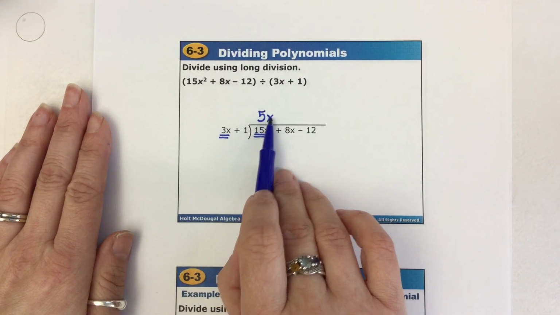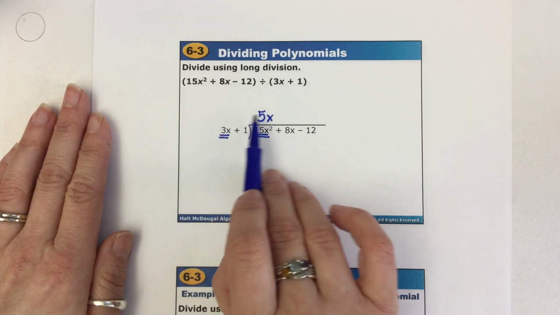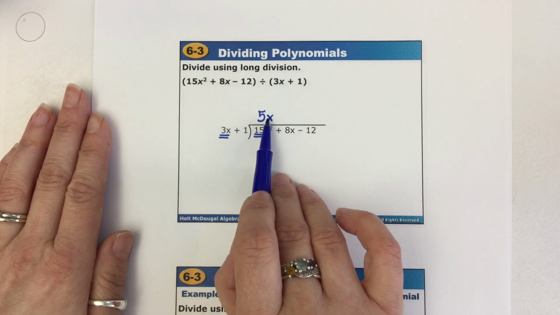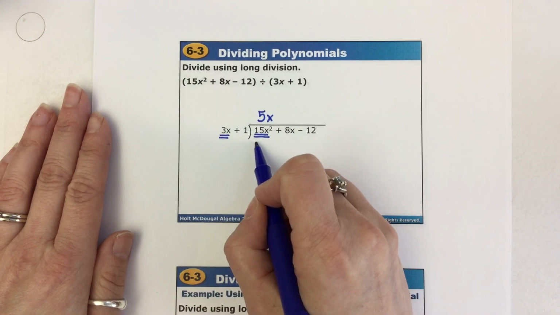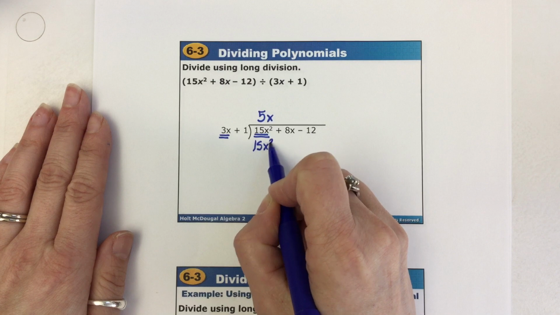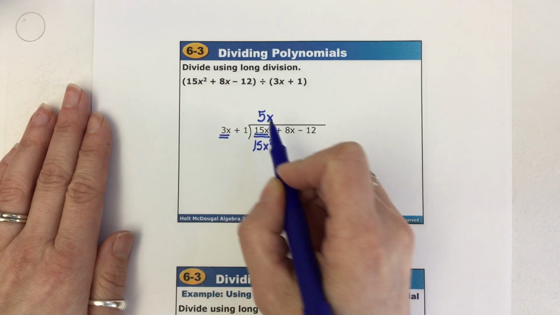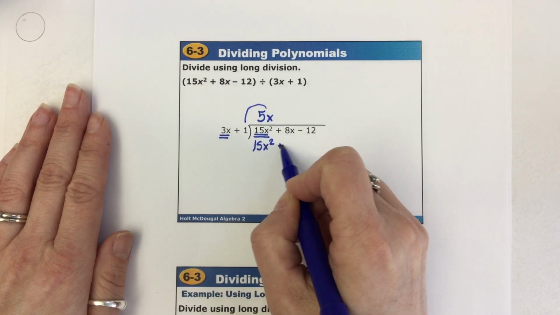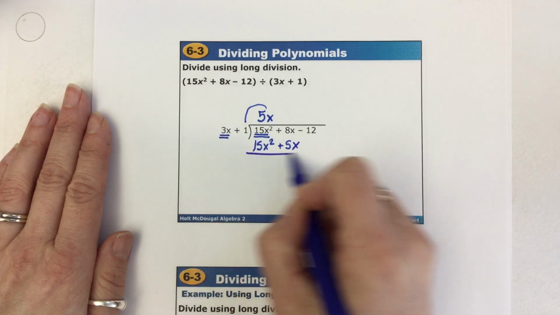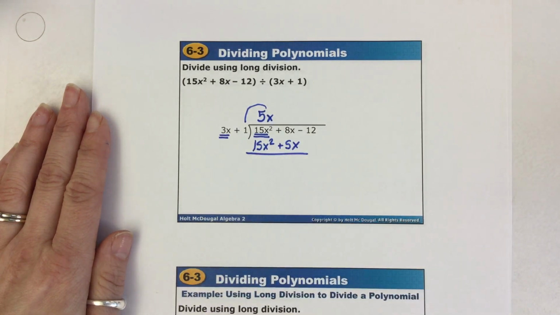Now you multiply whatever you wrote on the top by each term on the outside separately. 5x times 3x is 15x squared. Now this should always match. 5x times positive 1 is positive 5x. The reason why you want these to match is because you want to be able to cancel them.